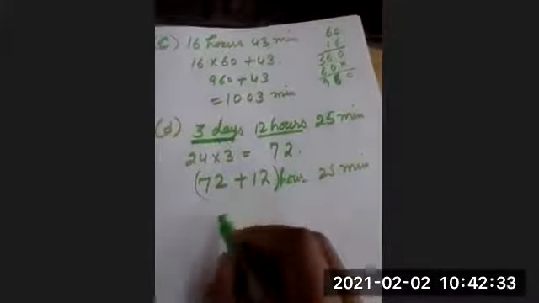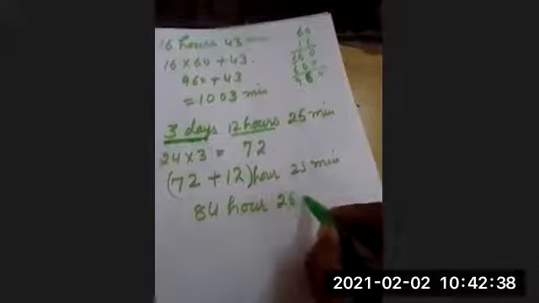For this, 24 into 3, that is 72 hours. Now we have 72 plus 12 hours, which is 84 hours, and 25 minutes.